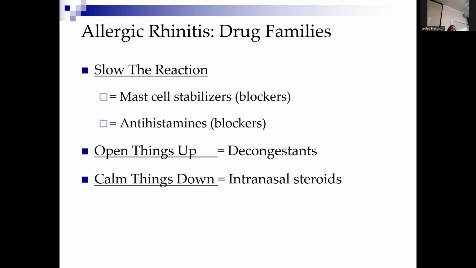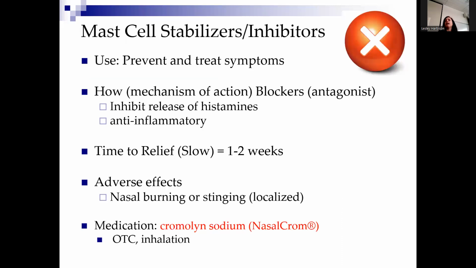It's more of a blocking mechanism, so that's why I put that there. It stabilizes it so it doesn't have a tendency to release the histamine as easily. And then antihistamines, which are definitely blocking that receptor. And then it can open things up, decongestants, or calm things down, anti-inflammatories. So those are all the mechanisms in general, to summarize, of the different medications.